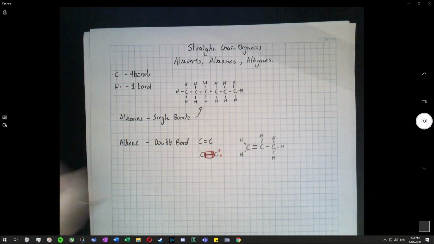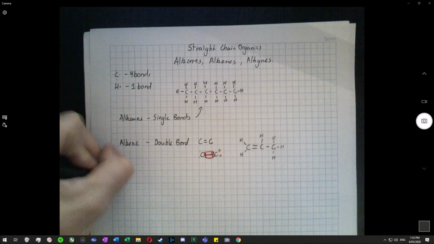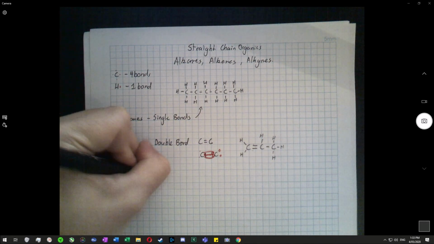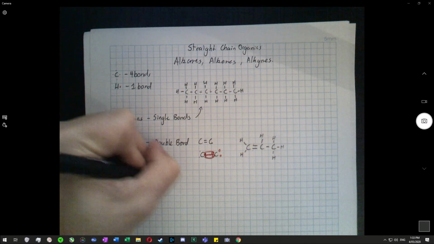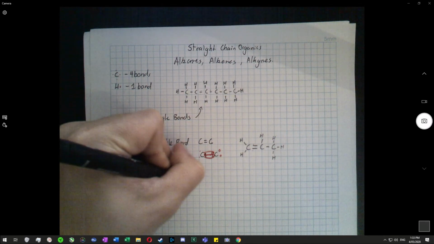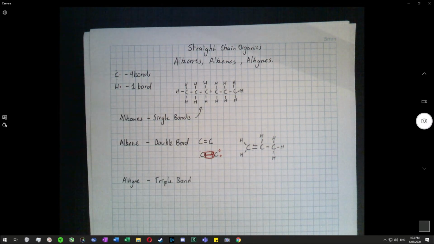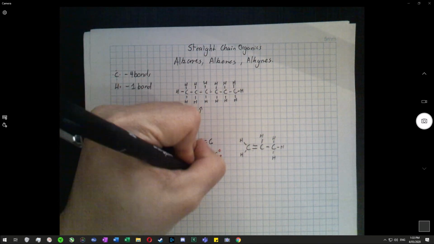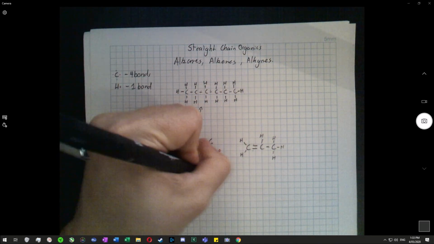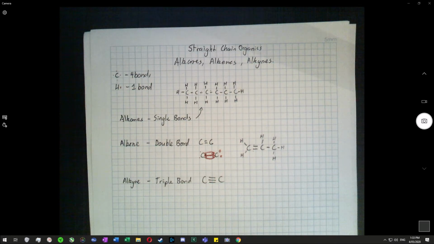Alkynes are our next one. And they have a triple bond. I'm hoping by this stage you can hypothesize or appreciate that that probably means, again, there's going to be 2 carbons and there's going to be 3 bonds in between the carbons.